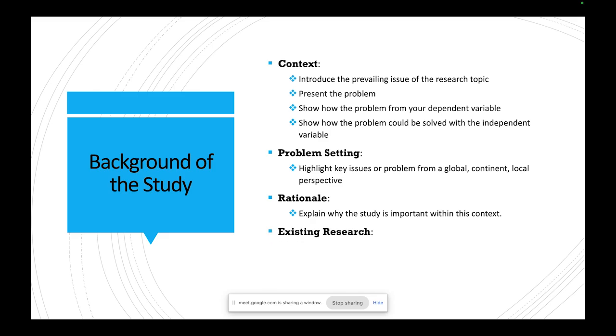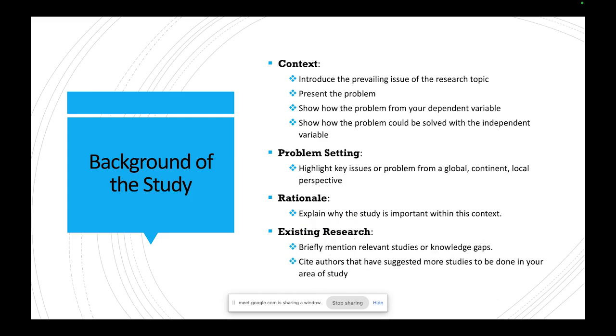You also need to cite existing research that can tell what others have done and the gaps that exist. Those gaps are exactly part of the things you are going to cover. Having seen that these studies have not really been done in Nigeria, or in Lagos State or Ogun State, or wherever you are situating your study, you can cite that as a gap that needs to be covered.